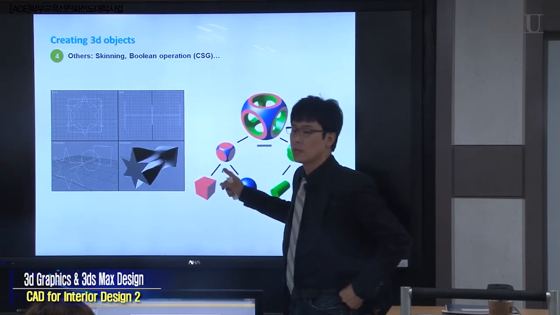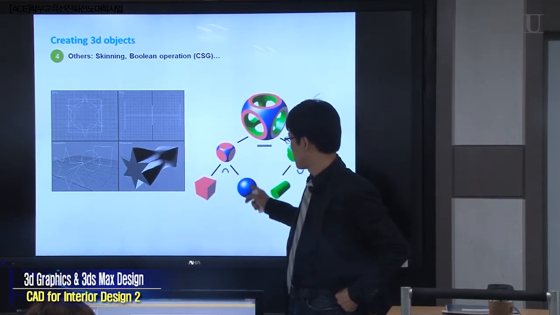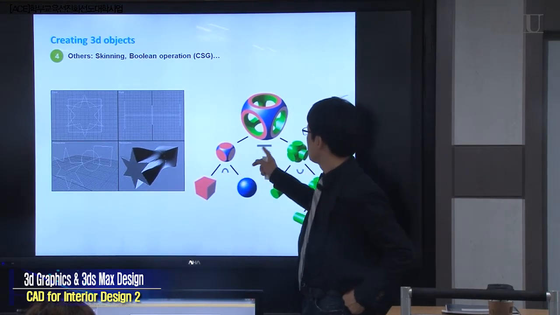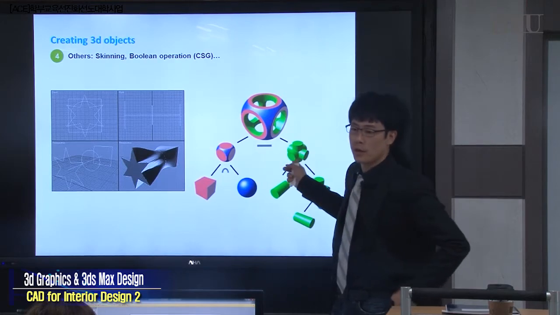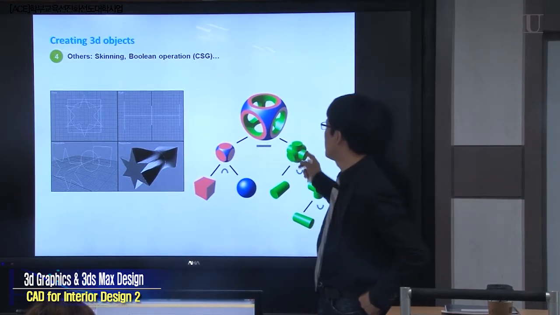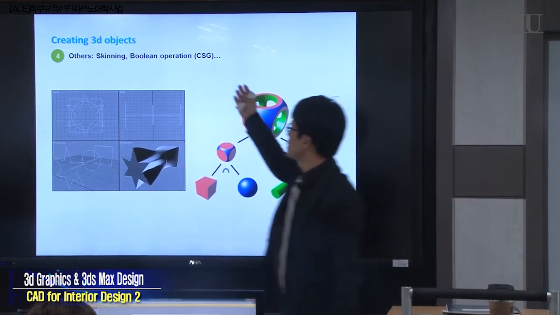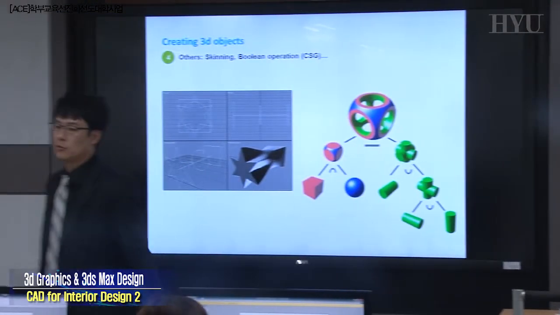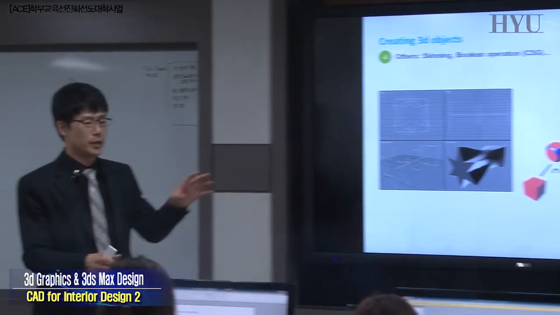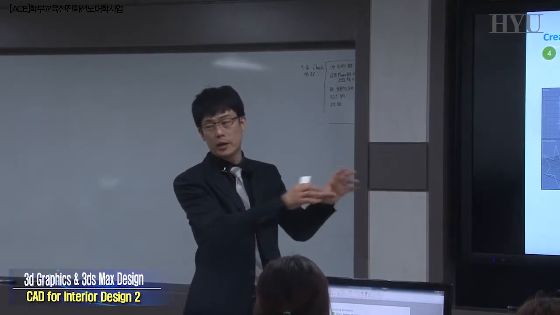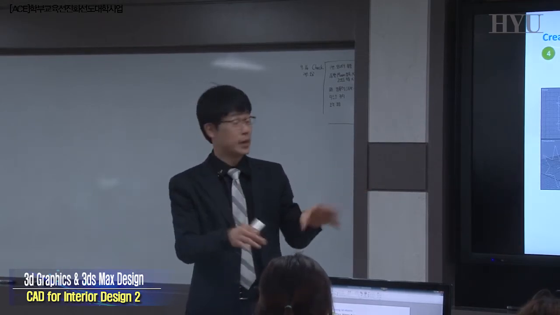And this is intersection. Intersection between sphere and box will generate this kind of image. Simply this A minus B will generate this one as a final. So this is a kind of Boolean operation. You know some Boolean operation is defined in SketchUp. There is a box and cube, you can get A minus B or A plus B, something like that.